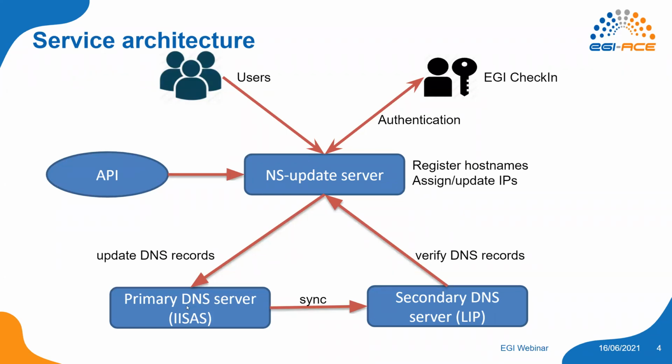Because we have two DNS servers located in different locations, we can guarantee high availability. It means that if one server is down, the second server is still working, and the user can access the service without any interruption.